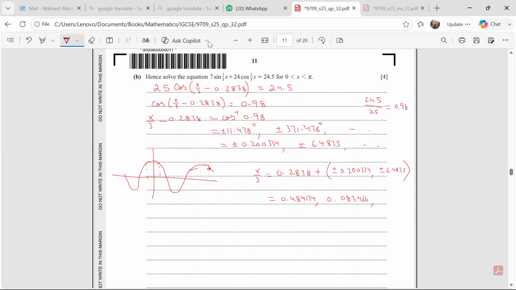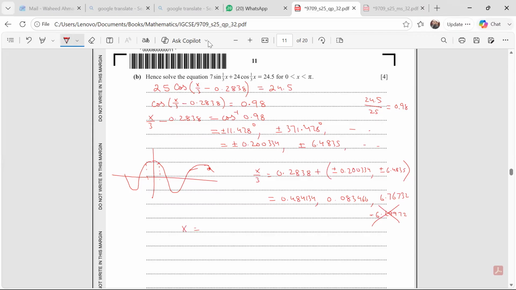And by adding this number to these two numbers, I get 6.76732, and the next value is negative 6.19972. But we are looking at a solution between 0 and pi. Okay, so 0 and pi. It should just definitely not be a negative number. So let's start with this one. Now finally we have to multiply with 3.